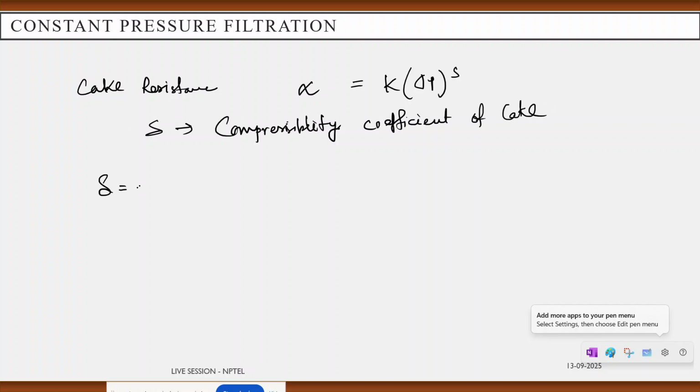So when this S equals 0, then alpha is not dependent on del P, which represents that it is an incompressible cake layer.